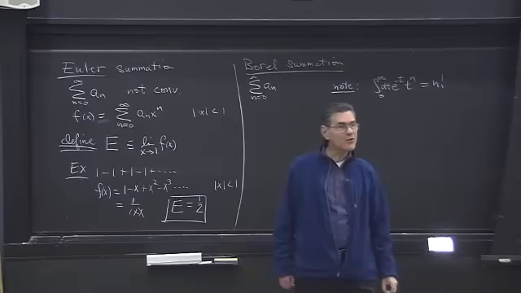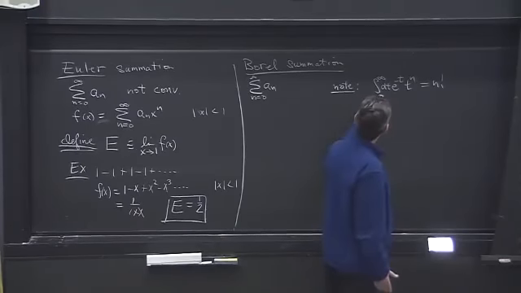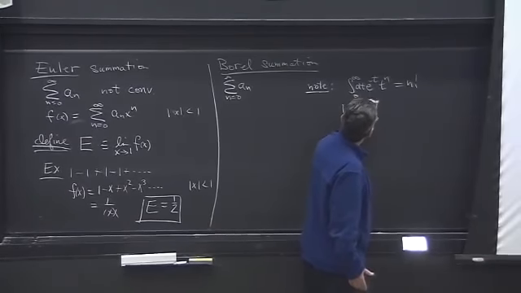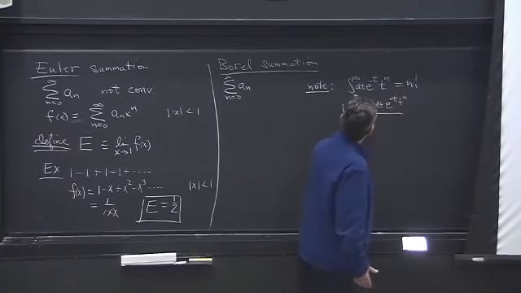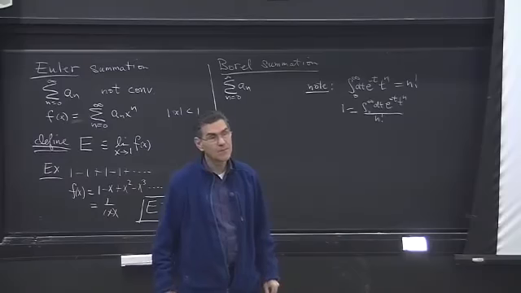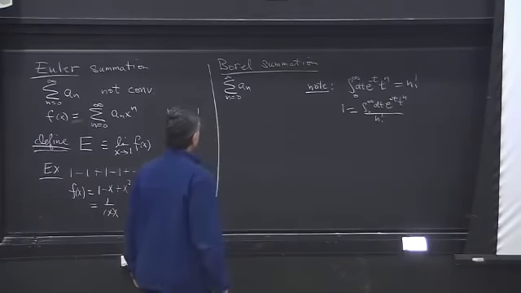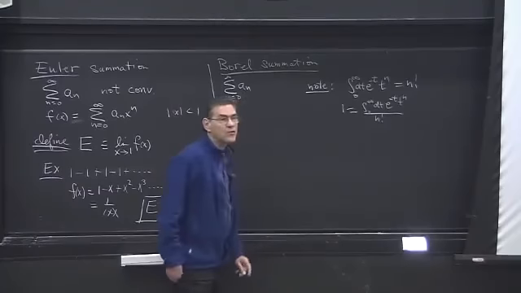So Mr. Borel says, oh, okay, that's cool. So 1 is equal to the integral from 0 to infinity dt e to the minus t, t to the n, over n factorial. That's an identity for all n. So Mr. Borel says, that's a very hard series to sum.